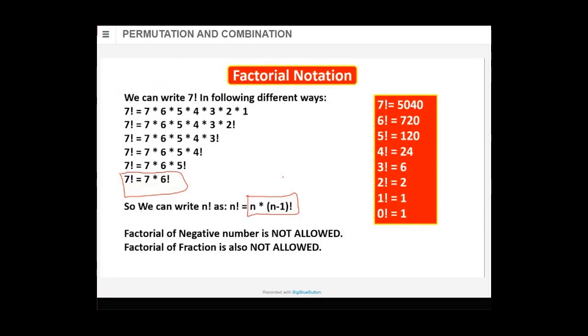Okay. 2 multiplied by 3 is 6. 6 multiplied by 4, 24. 24 multiplied by 5, 120. 120 multiplied by 6, 720. 720 multiplied by 7 is 5040. Okay. So you have to learn them by heart. Any doubt here also?